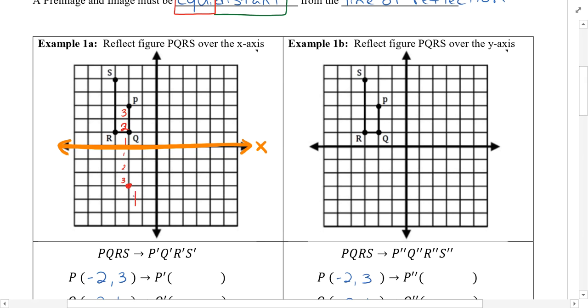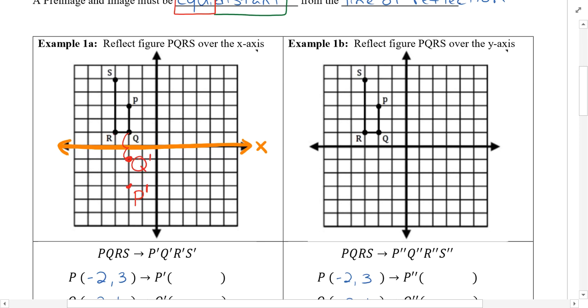So the image of P, I'll label with P prime, including that tick mark. Q, the pre-image Q, I can see is only 1 box away from the line of reflection. So when it reflects over the x-axis, it's going to be 1 box below. So we have the image of Q right there.